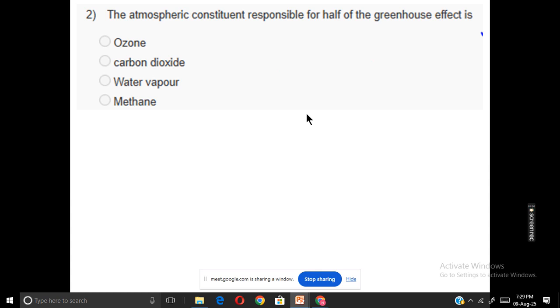Now, the atmospheric constituent responsible for half of the greenhouse effect. Which is that particular gas?